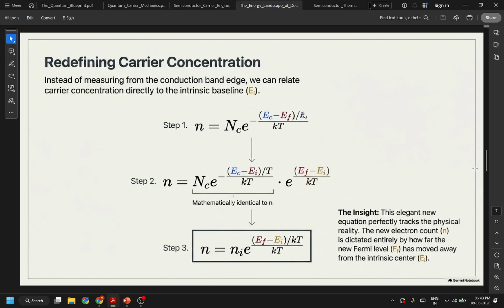So this part is identical to Ni, so that will make it N equals Ni e power (Ef minus Ei) by kT. This elegant new equation perfectly tracks the physical reality. The electron count N is dictated entirely by how far the new Fermi level has moved from the intrinsic center.